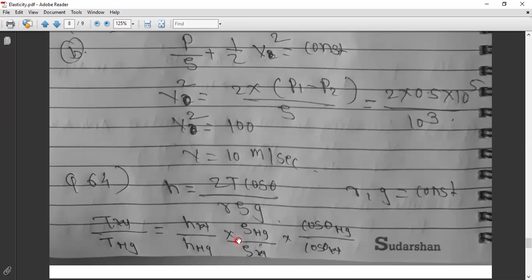The density of mercury is 13.6 and the density of water is 1. Then the angle of contact for water is 0 and for mercury is 135. So just put the values, we get the answer of this question as 5:34. So the correct option for question number 64 is option number B.